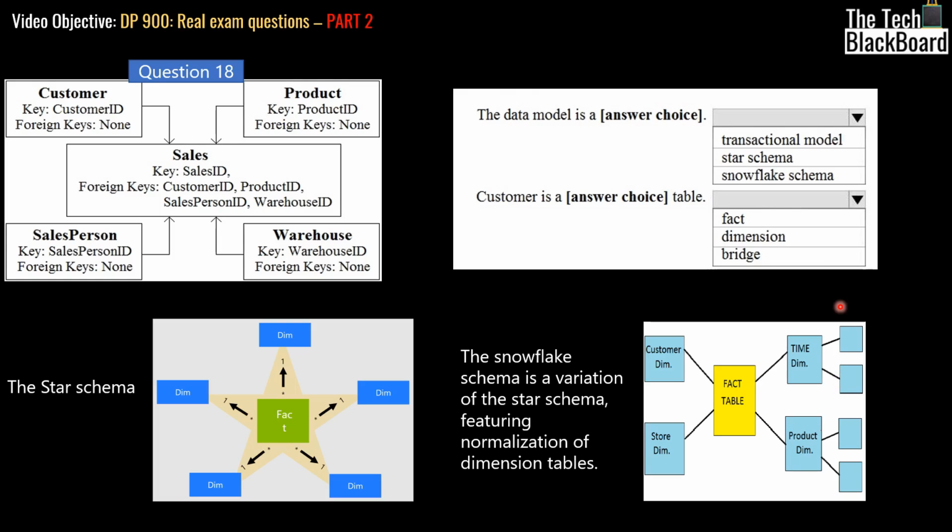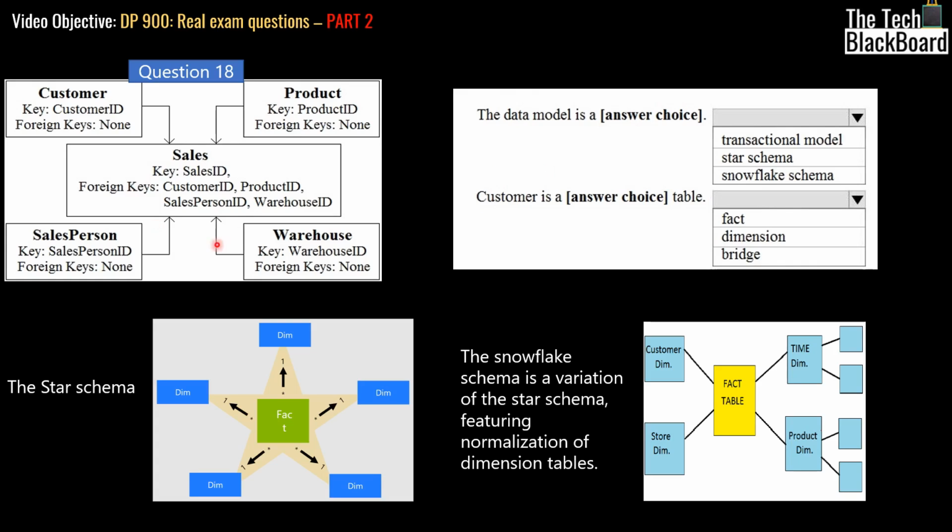I hope you got an idea about the star schema and snowflake schema. Now let's move back to our question. Our question asks what kind of model this is. We can see we have a fact table in the center, and then we have dimensions all around. We do not have any sub dimensions in this diagram. So I think you can already answer this question easily with that knowledge.